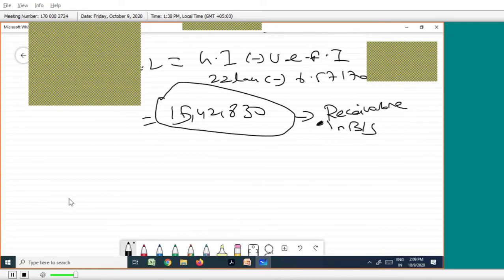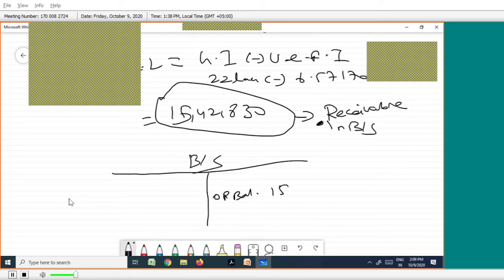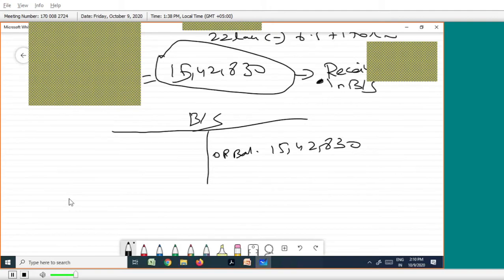I have to account this in the receivables in my balance sheet, opening balance 15,42,830. Every year I have to do two things. Every year I am receiving 5 lakh rupees from my lessee.